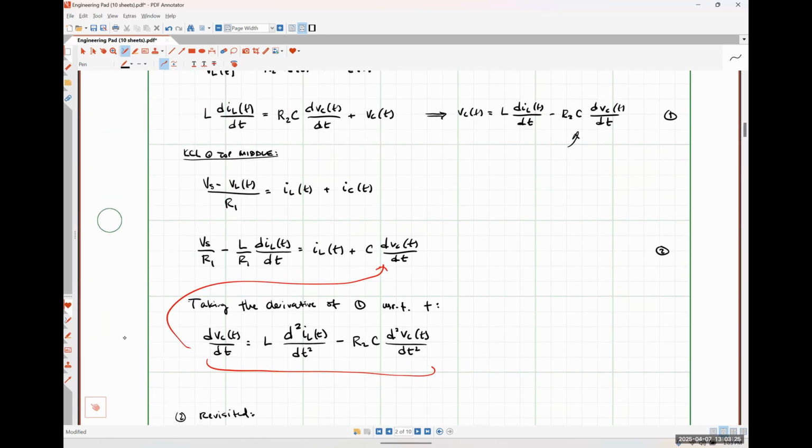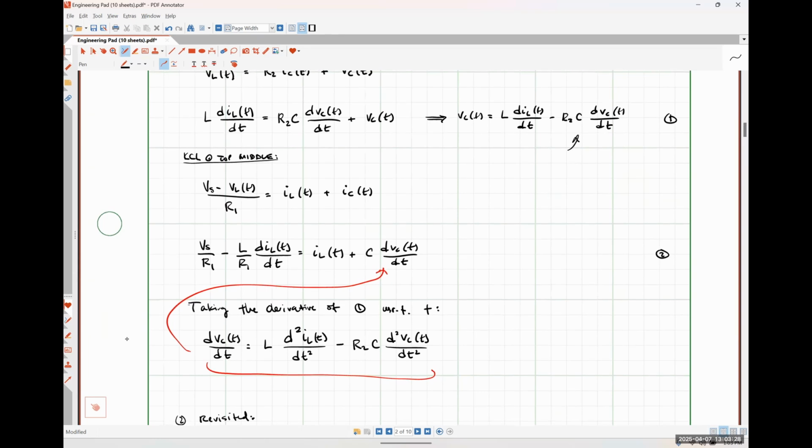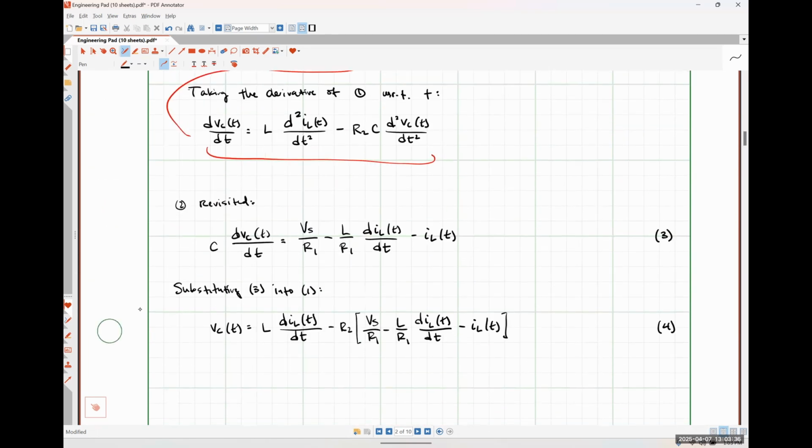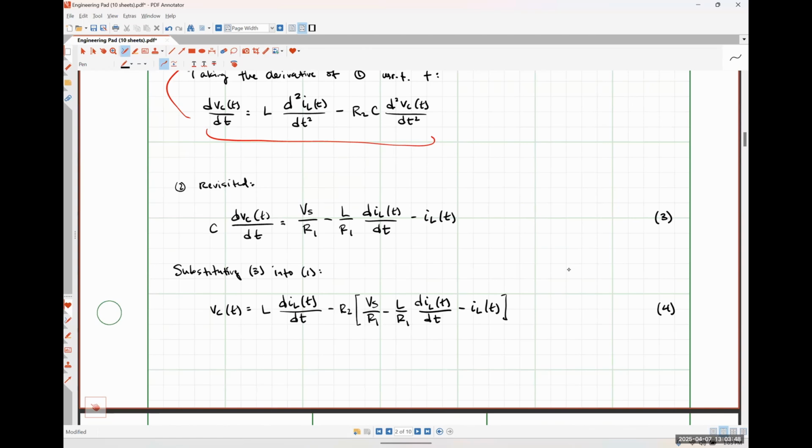So let me think here. I have an expression for VC of t down here that I have as equation 4. I'm going to take the derivative of this guy, and I'm going to hope that not everything cancels each other out in just a moment. Okay. So the derivative of the capacitor voltage with respect to time is going to be L times the second derivative of my inductor current with respect to time.